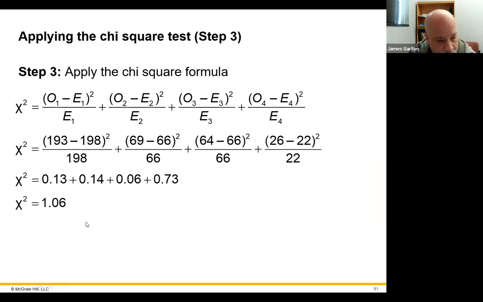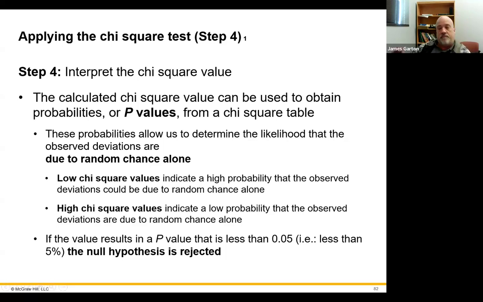The bigger this number that you calculate means that it's a very low probability that the observed deviations are due to random chance alone. And in this case, looking at the hybrid cross, what this high chi-square value would indicate is that these genes are not inherited independently. They, in fact, are linked.